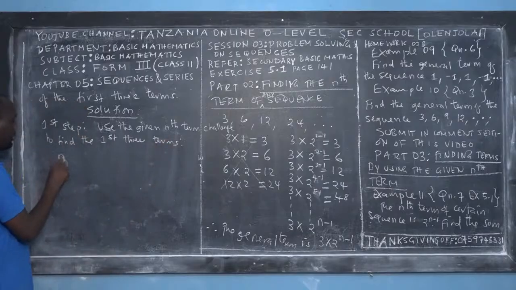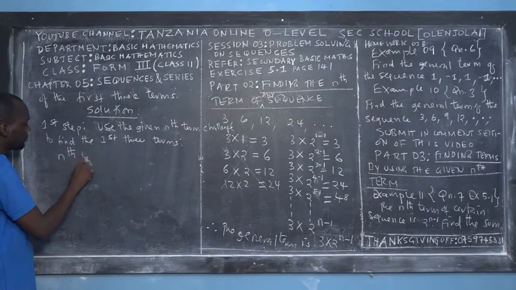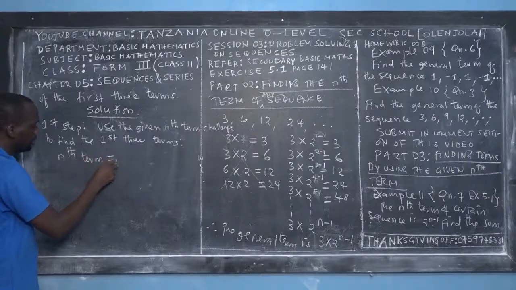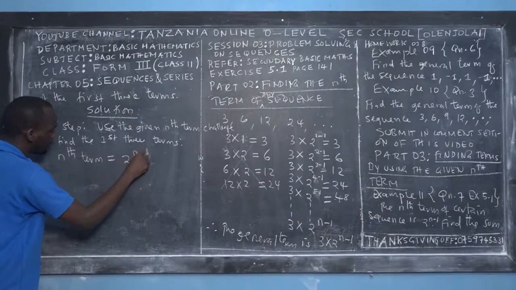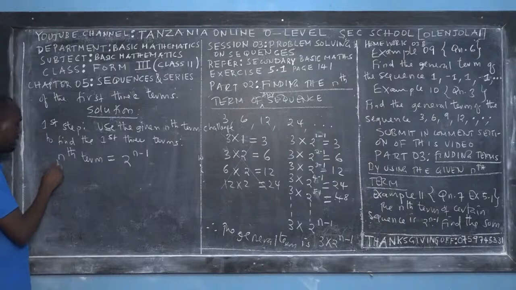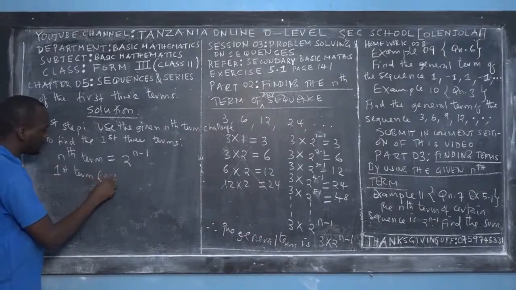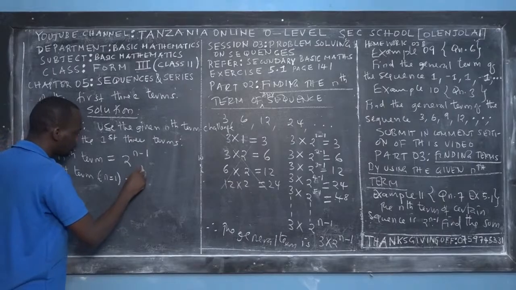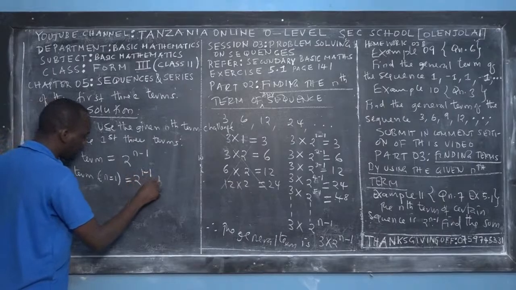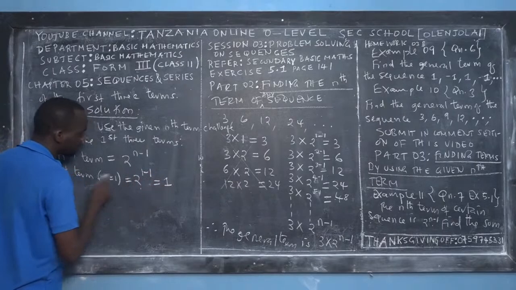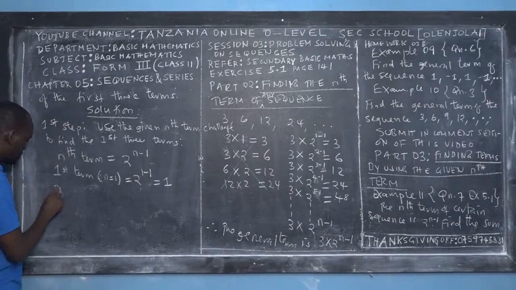So the formula for the general term is 2 power n minus 1. To find the first term, we find it when the value of n is equal to 1. So 2 power 1 minus 1, the answer is equal to 1. Good.